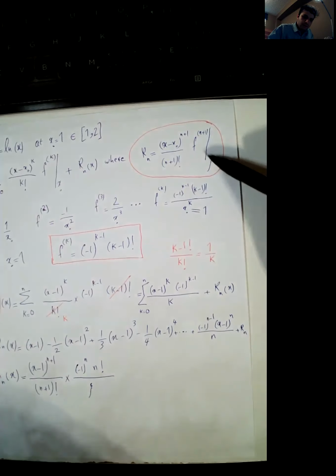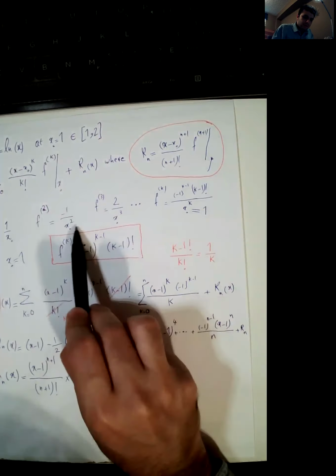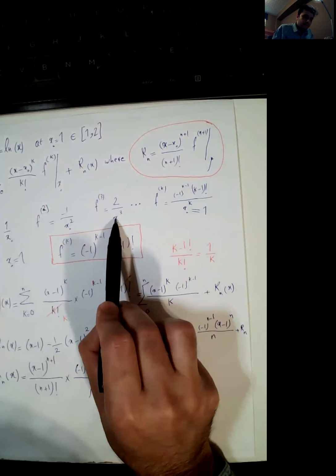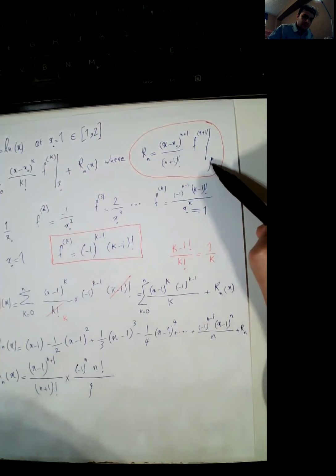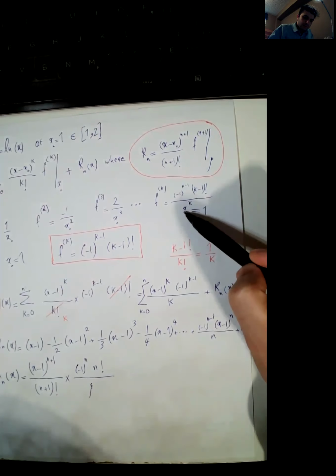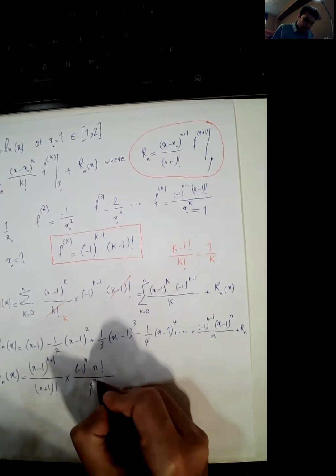Here we compute the derivative at psi, but before we computed it at x0, which was 1. Here the point is not 1; it's the unknown psi. So at the bottom would be psi to the power of k, which will be psi to the power of n plus 1.